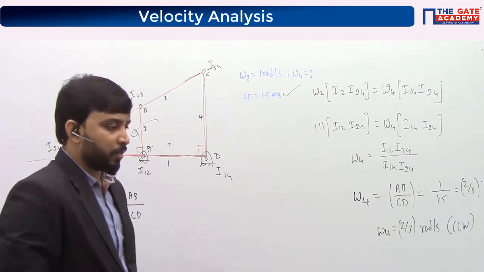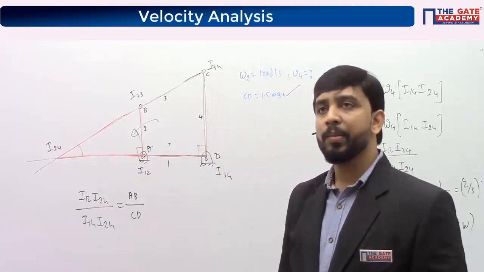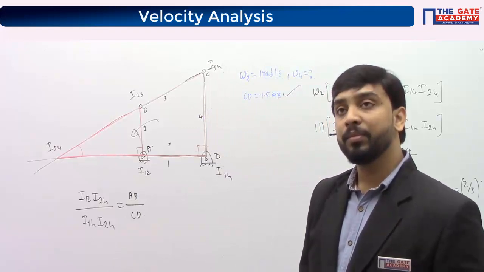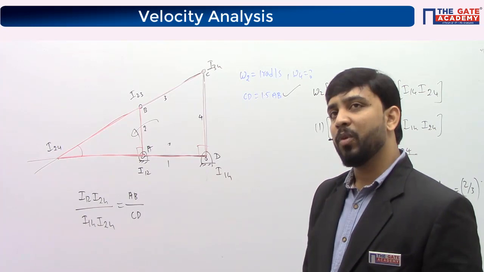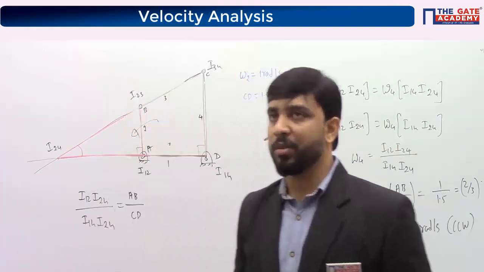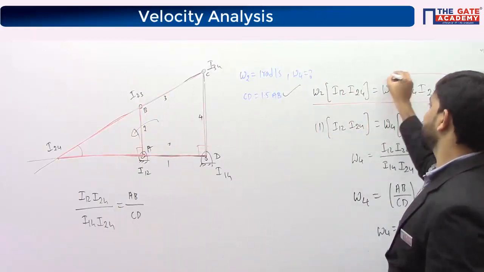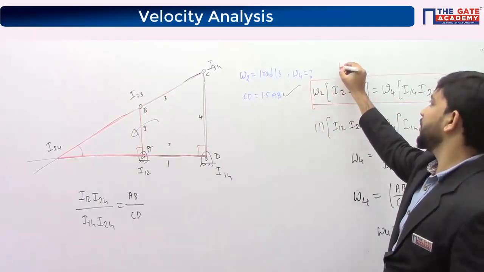You can go for the polygon approach, you'll get the same thing. This is your angular velocity ratio theorem, okay? So this is omega m.